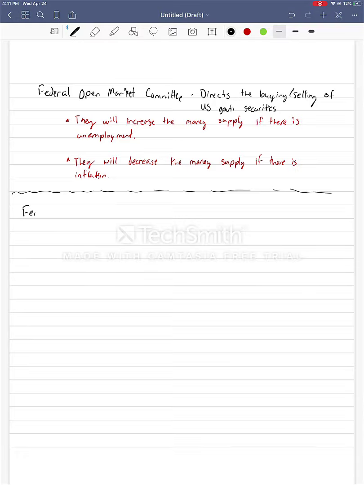So federal funds. Now, federal funds are going to be the deposits that private banks hold on reserve at the Federal Reserve Bank.